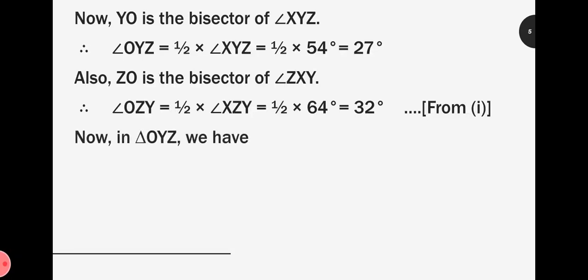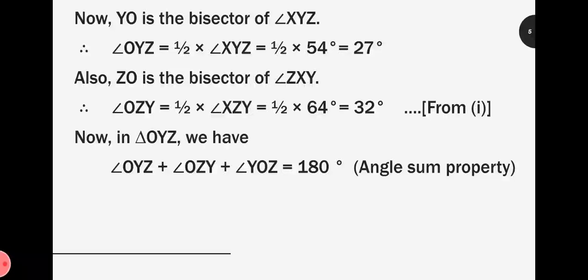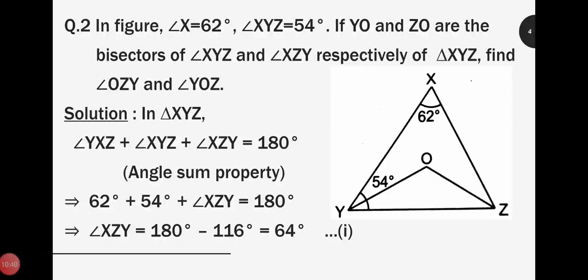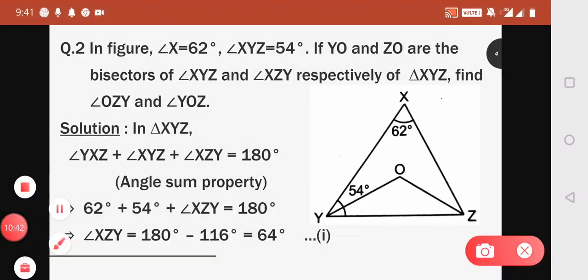Further, again a small triangle is there in the given triangle XYZ, that is in triangle OYZ we have angle OYZ plus angle OZY plus angle YOZ equal to 180 degrees according to the angle sum property. That is, the sum of all the three angles of the triangle will be 180. We can see in the figure that for this small triangle, triangle YOZ, you can write OYZ or also you can write OZY, whatever way you are writing this small triangle.